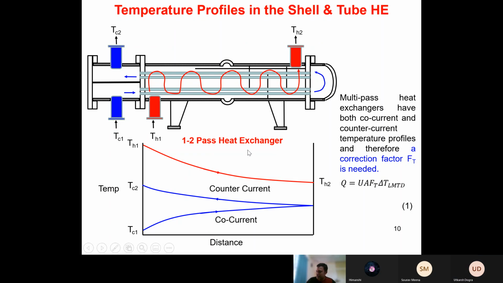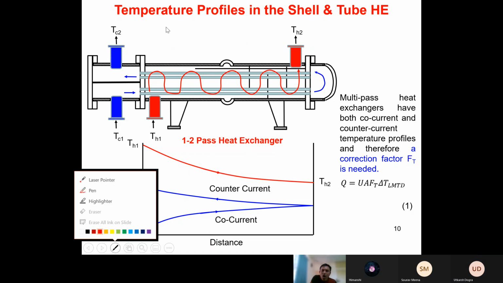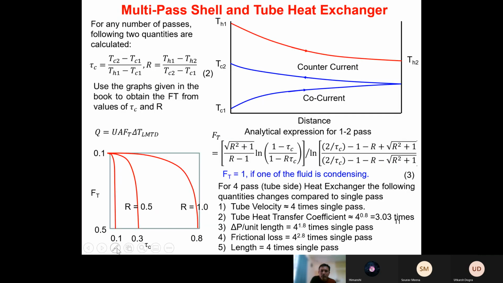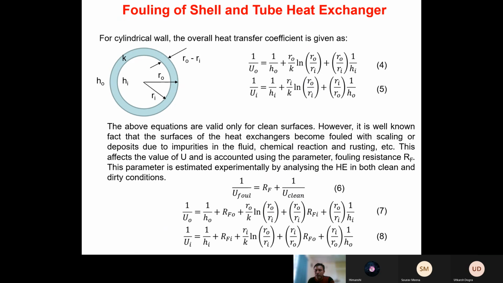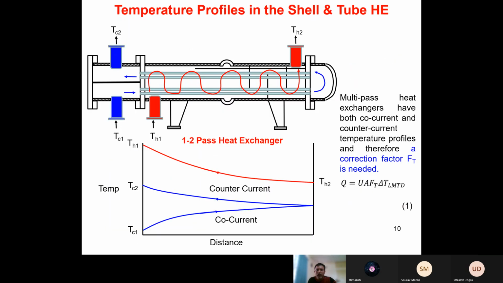So maybe I'll just draw it. I can have a very long heat exchanger like this, where only one shell pass and one tube pass is there. One tube pass means we will have only one annular region around it.